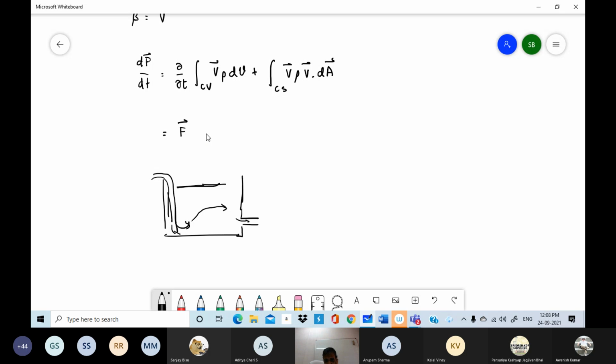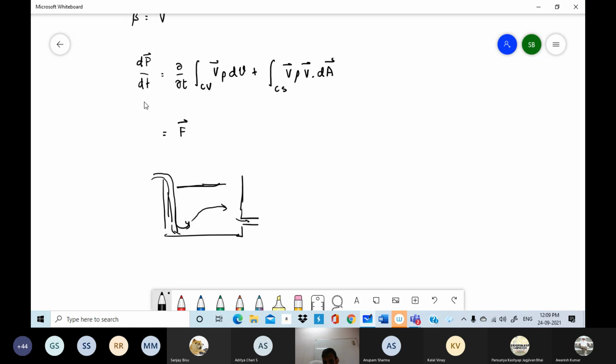So what I do instead is, at any instant of time, relate the rate of change of momentum of the system to the rate of change in the control volume through the Reynolds transport theorem. I know that rate of change of momentum is equal to the force applied to the system and not to the control volume.